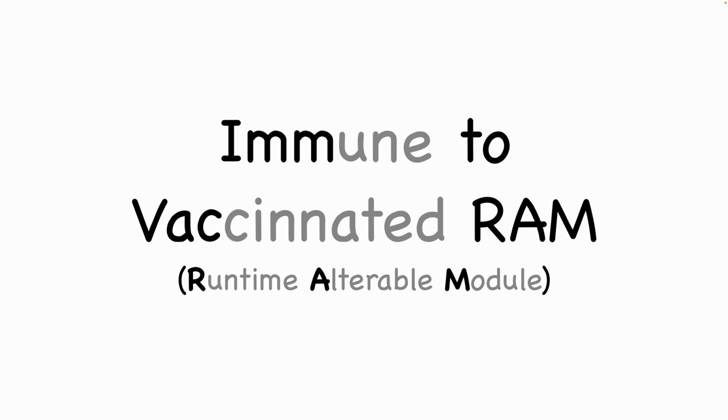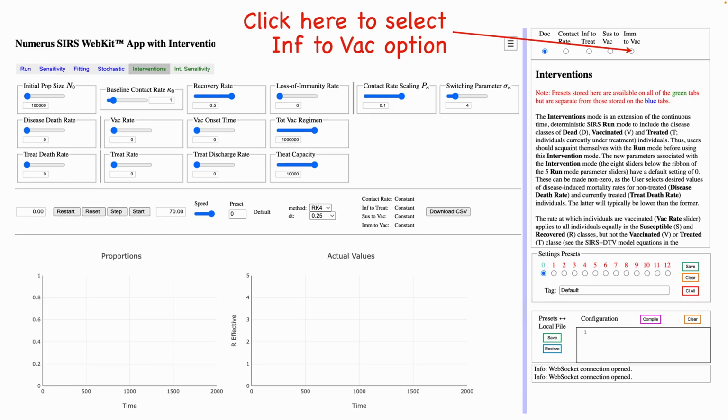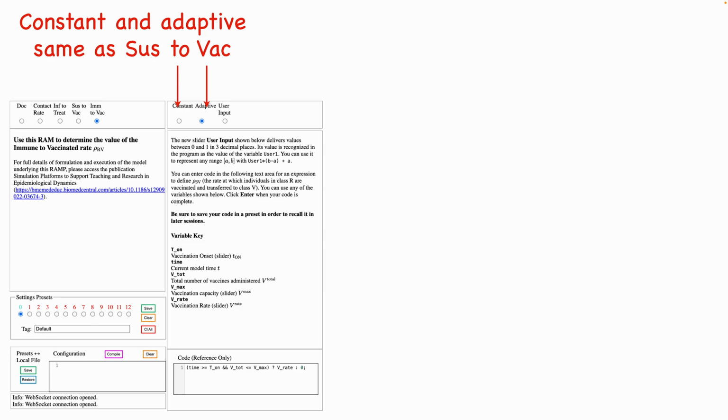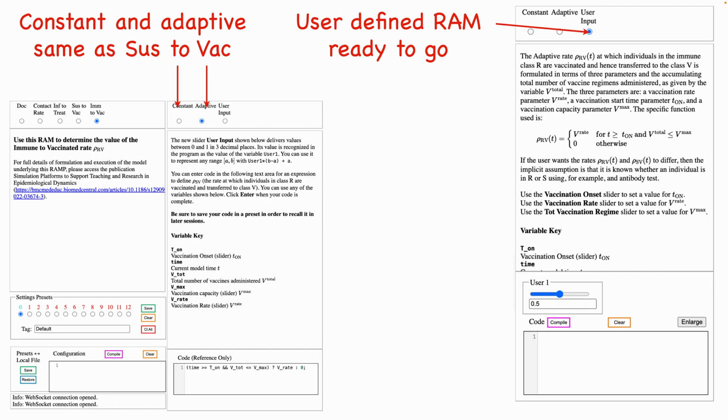The immune to vaccinated RAM, we can select that. The constant and adaptive versions of this RAM are the same as the SIRS+DTV expressions.